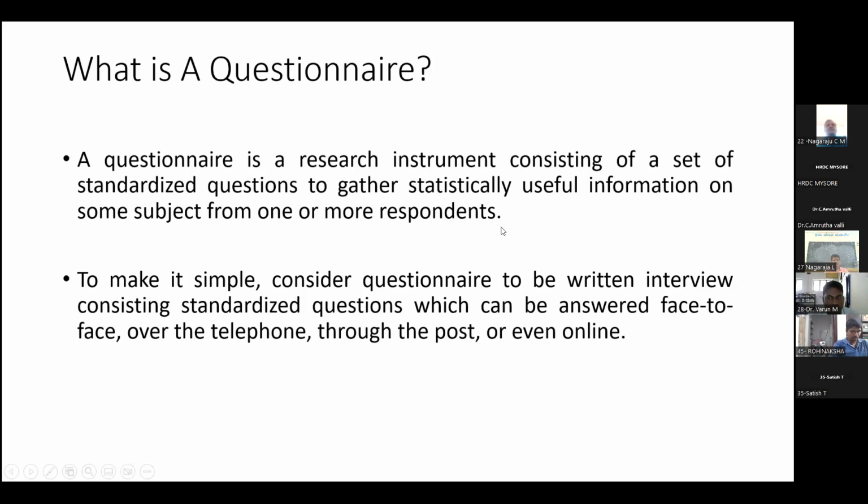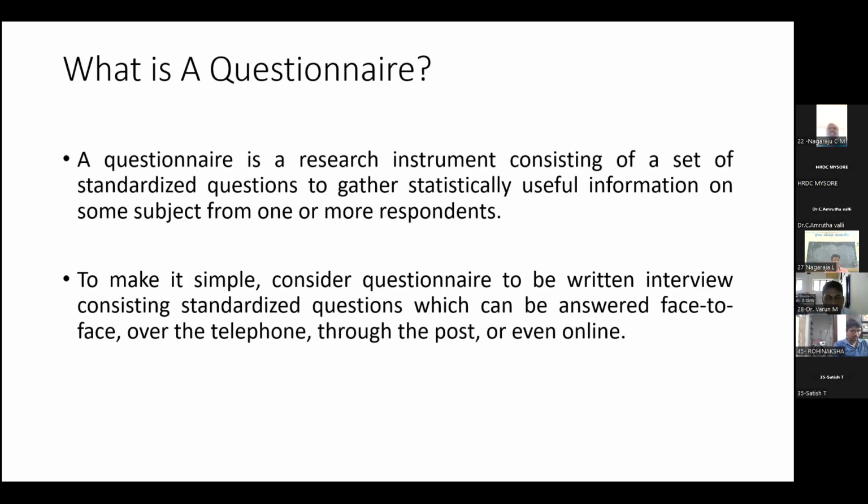It can be 100, it can be 1,000, or whatever may be the target research group or audience that you select. It should be relevant, and every question in the questionnaire should help the researcher in a particular direction.